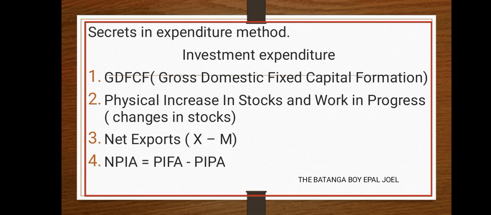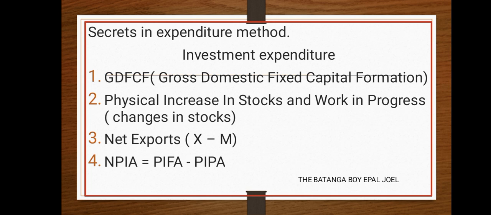Go and pick it. Then you add the value of physical increase in stocks and work in progress. These are the two things you need to put together to get the value for I, investment.